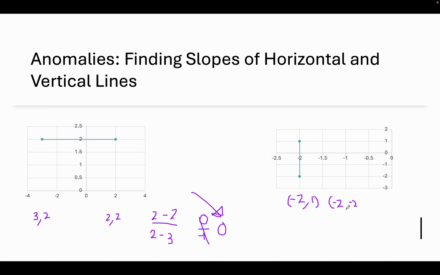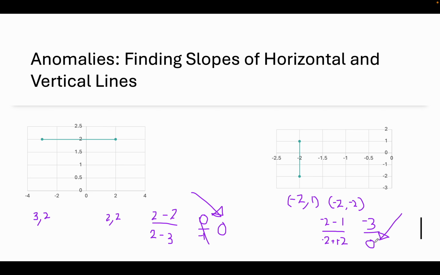So if I go -2, I'm going to subtract my y values, minus 1 over -2 minus -2, my answer will be -3 over 0. That should set off big fireworks in your brain.